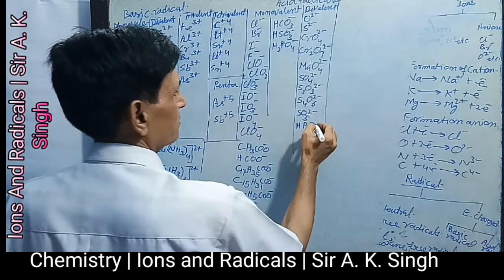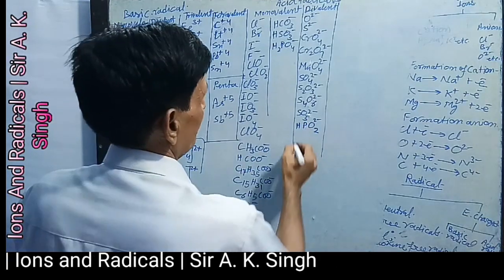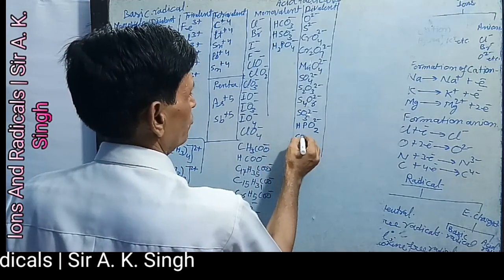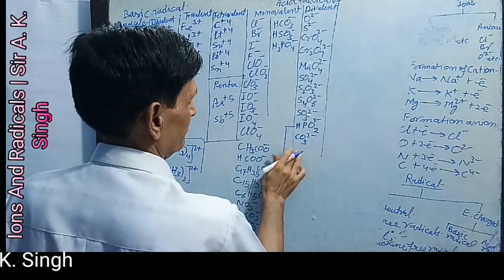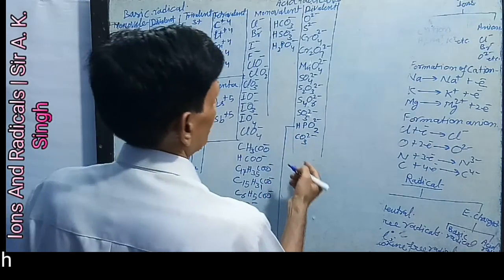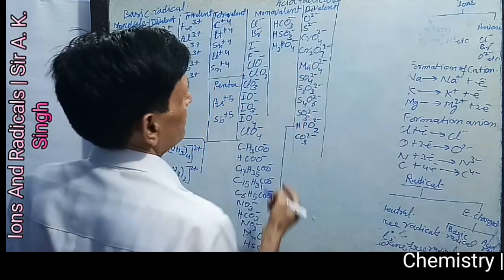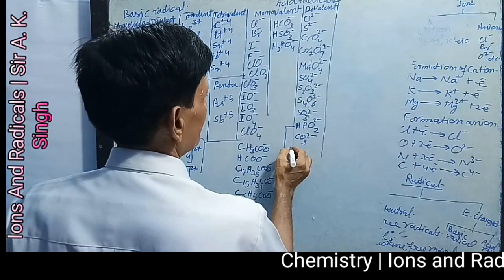HPO3 hypophosphite, hypophosphate, carbonate, dichromate, here 2 minus, like that they have oxalate.